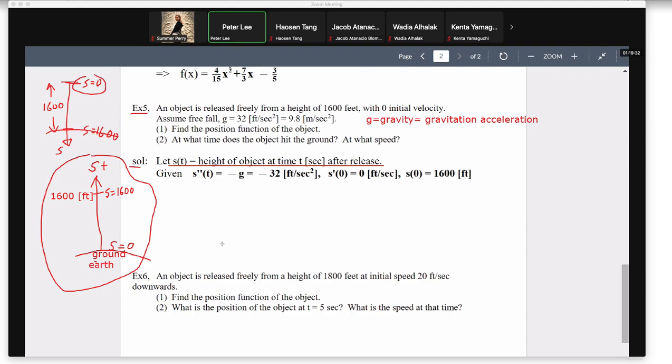It's not the length of the object, but I'm talking about the position of the object. So s of t is what I sometimes call the position function. This is the position function of the object.